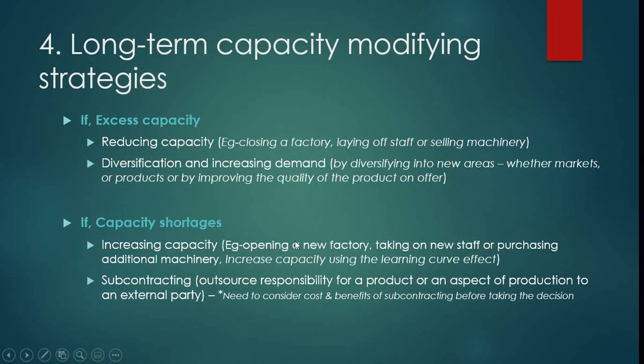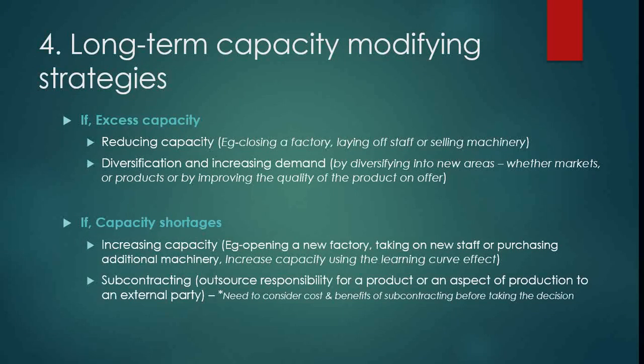So we can open a new factory, we can acquire more employees, we can purchase new machineries of our own. Those are permanent decisions to meet our future permanent demand, or future more realistic demand. So we are ready for growth in future. For that purpose, we can expand our capacity.